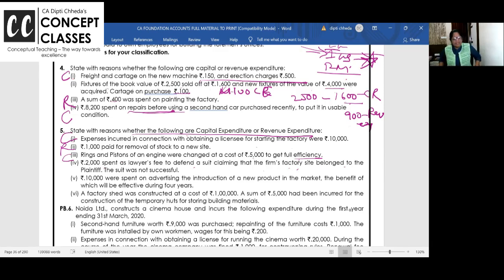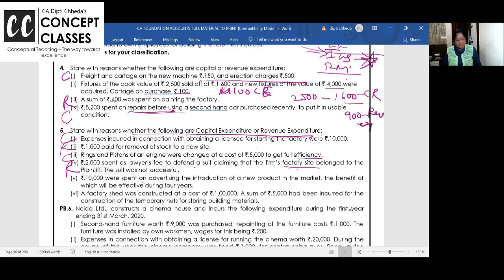So you have just spent legal fees because someone has claimed that this site, this factory is theirs. It's a revenue expenditure. Routine, some case or other is going on for the company and you may charge it off as revenue expenditure. This is already the company's factory, so if someone has put a charge against it, it's not doing any value addition to the factory. So routine legal expenses.